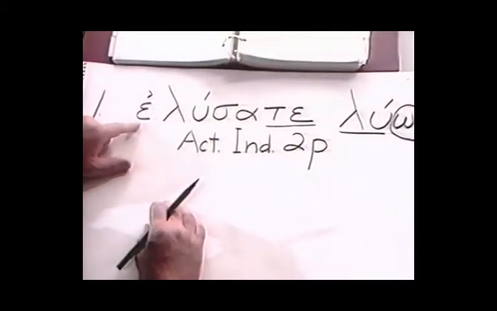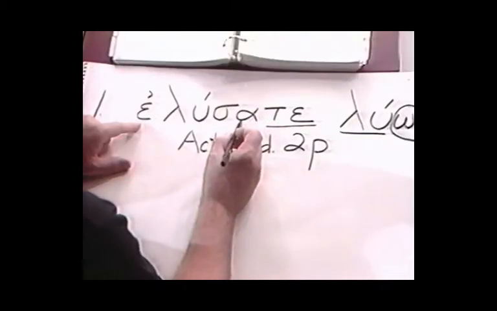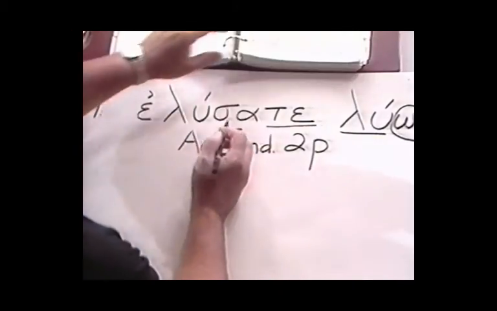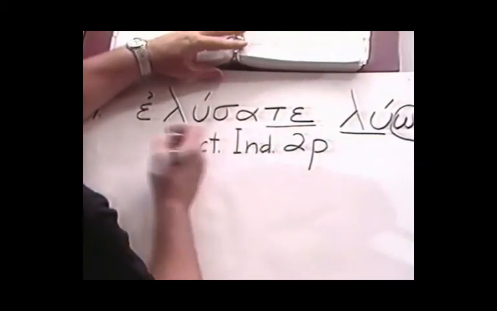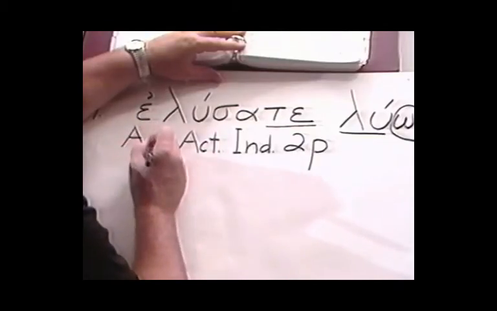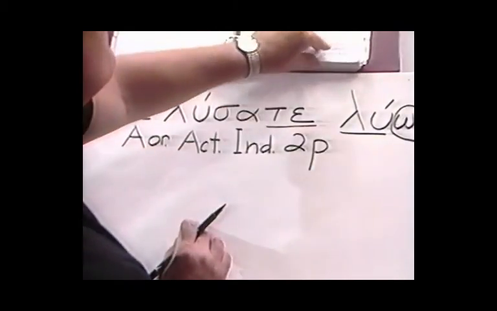Well, if there is an augment out front, we had decided that this is either going to be imperfect or first aorist. As we see an alpha connecting vowel and we see a sigma tense indicator, then we know that this verb is a first aorist. And I'm just going to abbreviate that A-O-R, aorist.